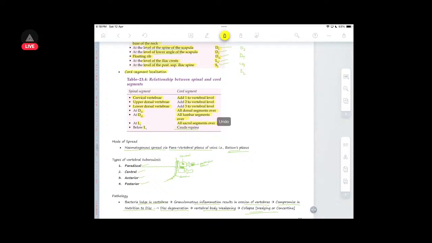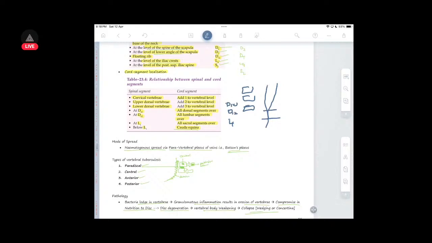So basically, you know that the cord segments will not match the vertebra. So vertebra will be there and the cord will be there. The cord will end off at L1. L1 is the last point for the cord. At L1, all sacral segments are over, and at D12, all lumbar segments are over.